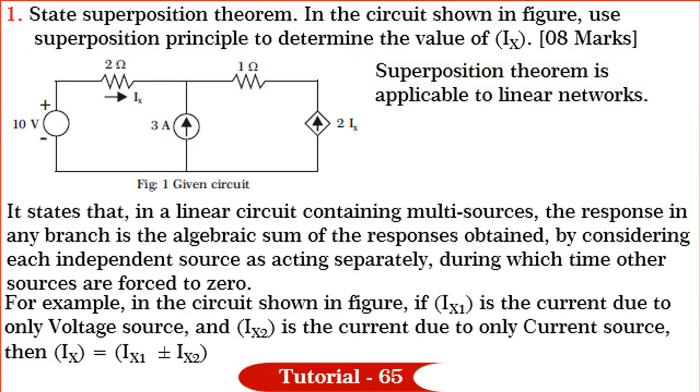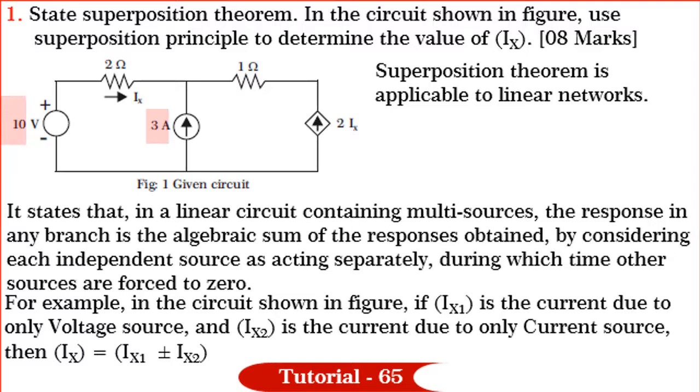It states that in a linear circuit containing multi-sources, the response in any branch is the algebraic sum of the responses obtained by considering each independent source as acting separately, during which time the other sources are forced to zero.